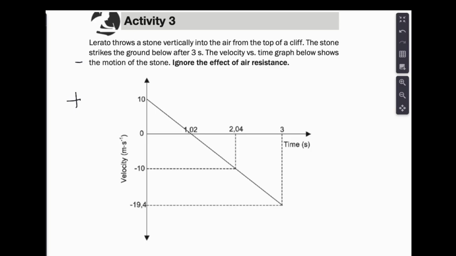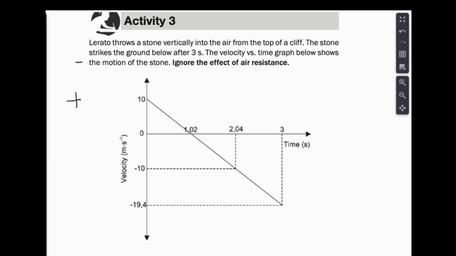I'm assuming that because that time is equal, that is when it equaled the height of the cliff that Lerato was standing on, right? Then it took another 1 second for it to reach a maximum velocity of 19.4, right, in 3 seconds.